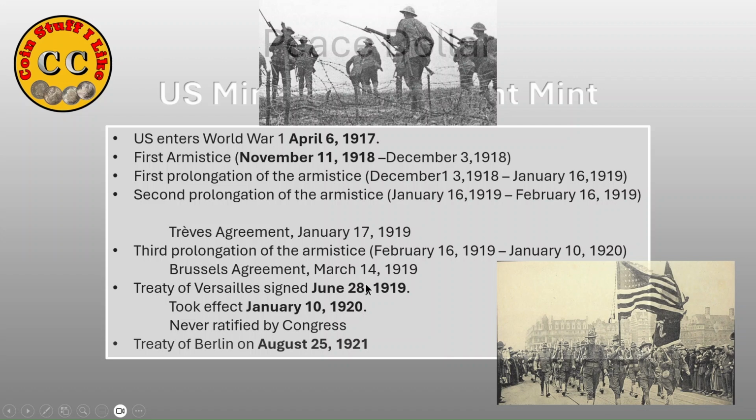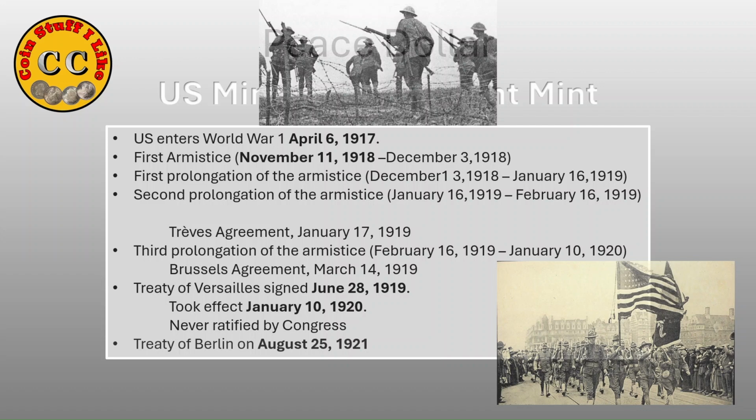The peace treaty took effect on January 10th, 1920, which applied to most of the Allies, except for the U.S., because the U.S. Congress did not ratify the Treaty of Versailles.